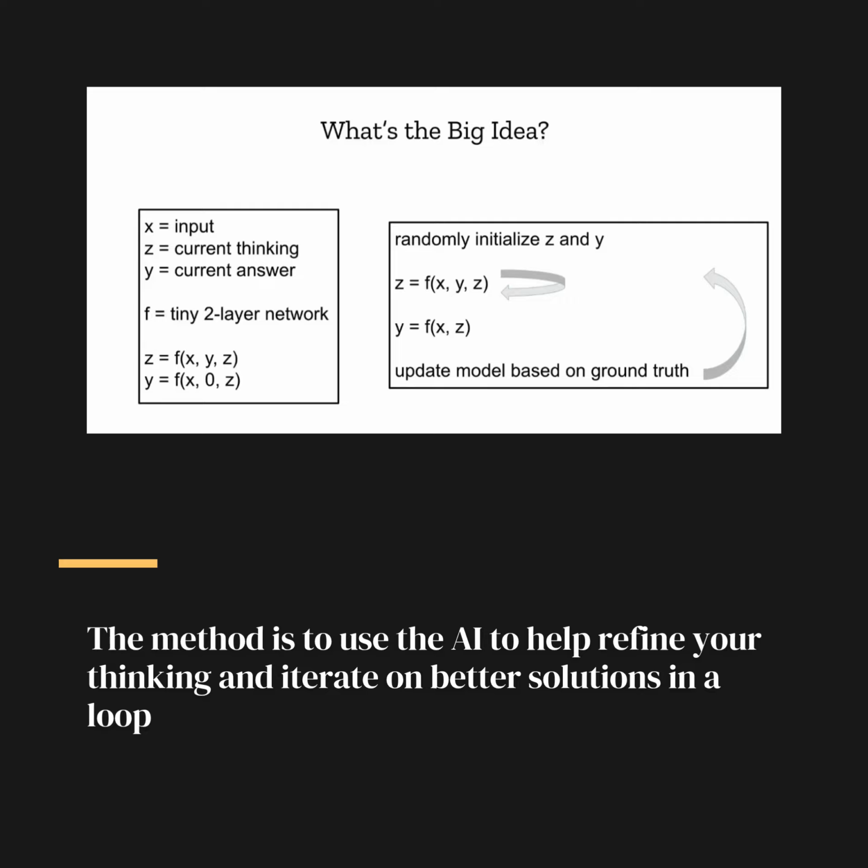And then in a standard learning paradigm, you just update the model based on the ground truth. But the novel thing here is that this happens in a loop. So you say, here's what I think, tell me what I should think next. Now, given what I'm thinking now, what should I think next?